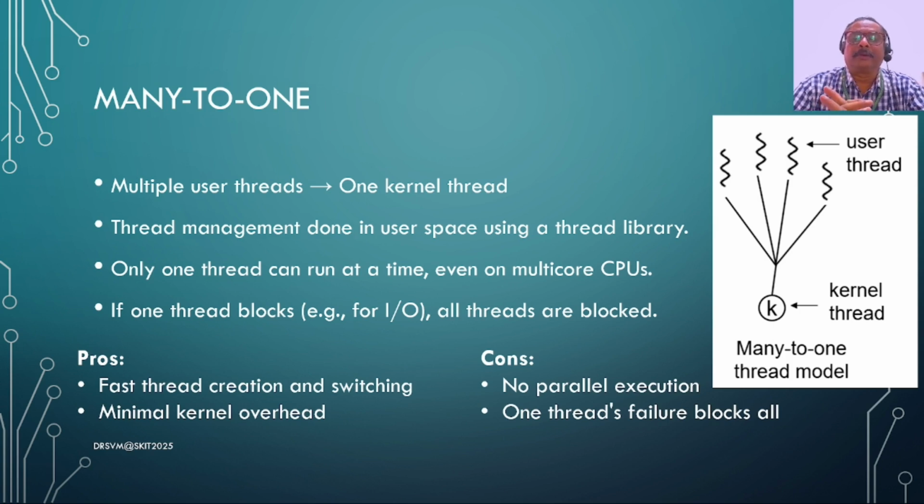The other side of the coin: we cannot have parallel execution, because only one kernel thread is there, which can use only one core of the CPU, hence no chance of parallel computing. And if that thread fails, then all the threads get blocked. So that is the problem with many to one.